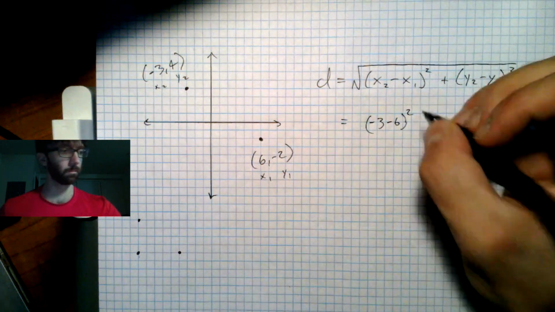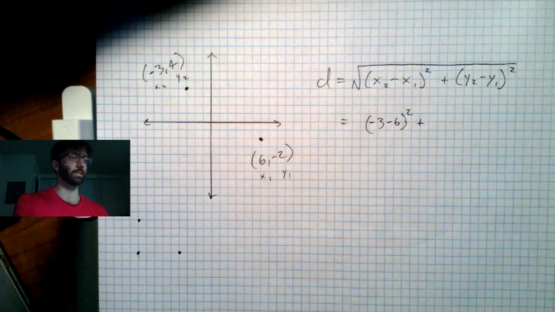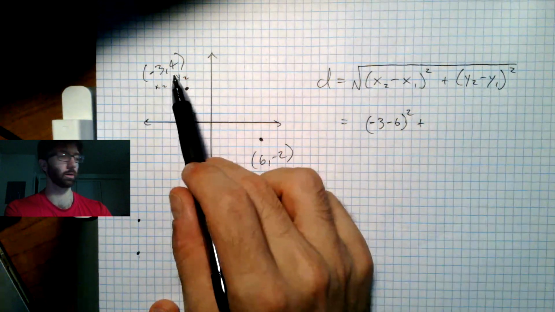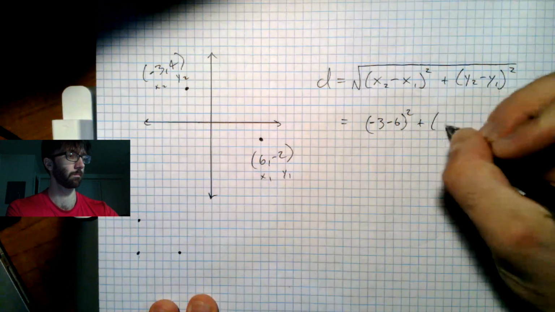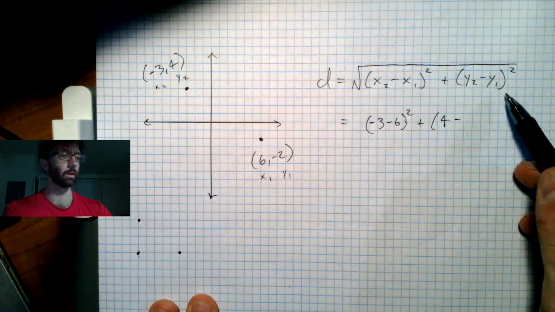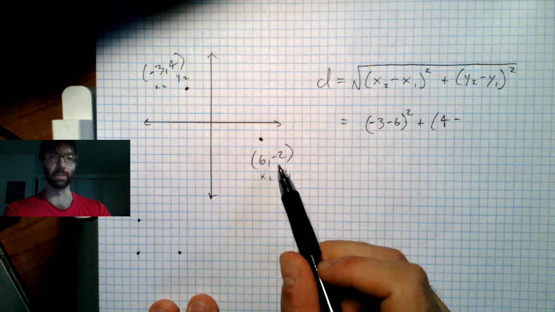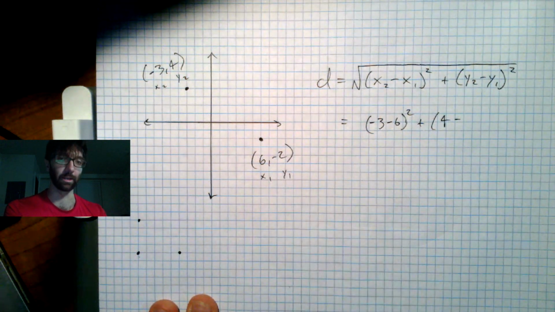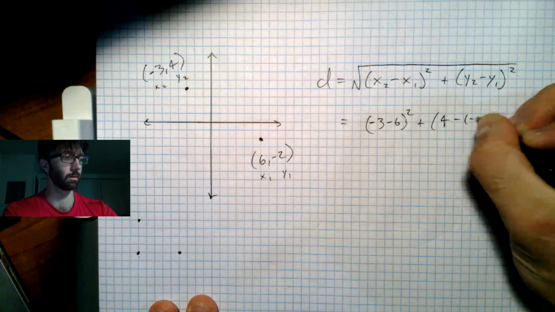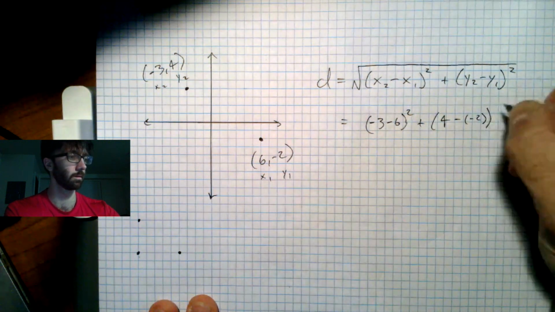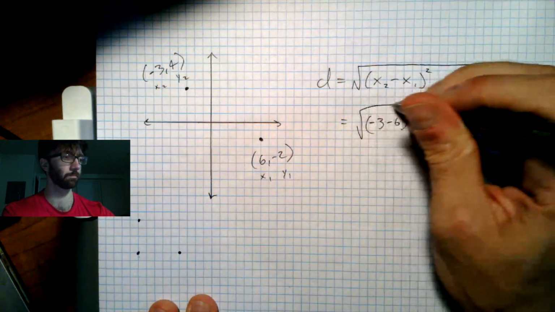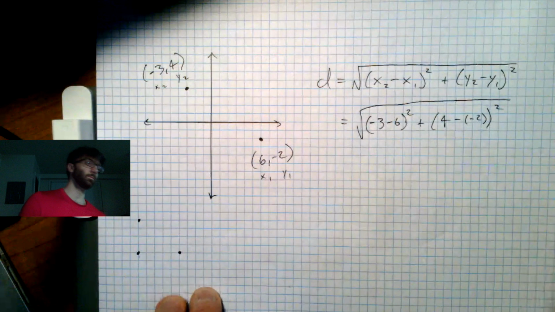And then we add to that y sub 2, which we called 4. And then we subtract from that y sub 1. So y sub 1 in this case is -2, so we're subtracting -2. Okay, we square that, and then we take the square root of the whole thing.